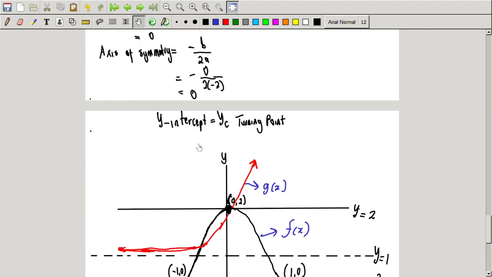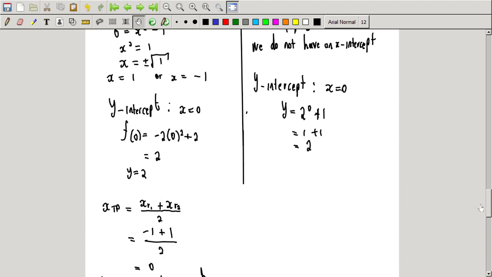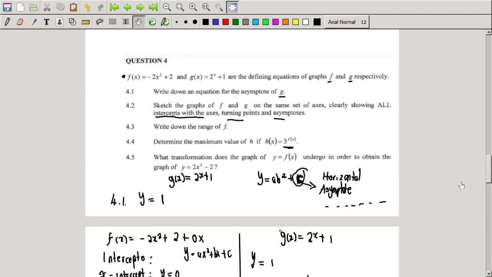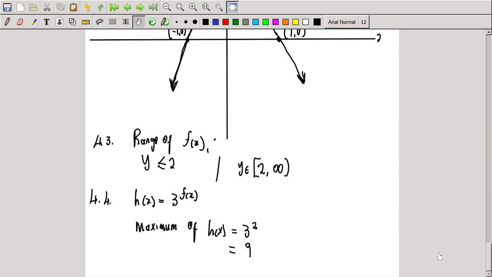So now let's do the last question. I forgot this takes me time. Okay. What transformation does the graph y equals f of x undergo in order to obtain this? I didn't add enough pages, so let me just do this.